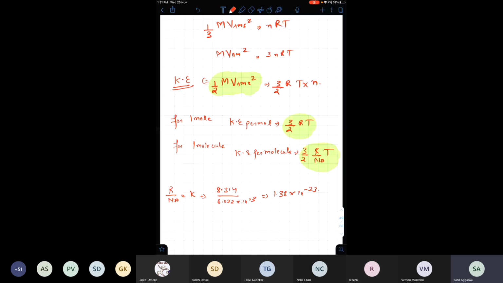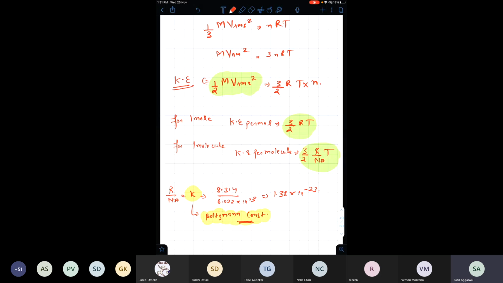This is called Boltzmann constant, k. So it is 3/2 kT.